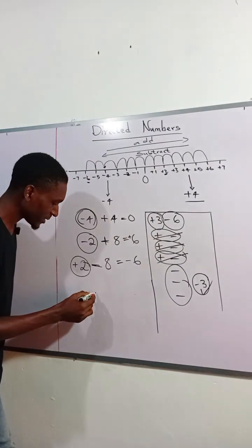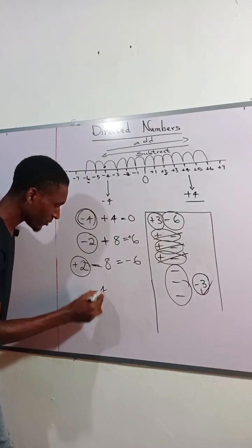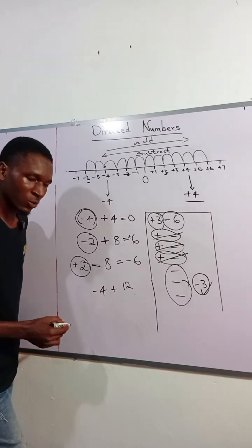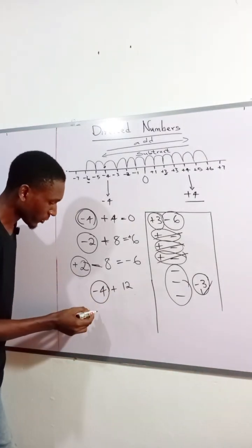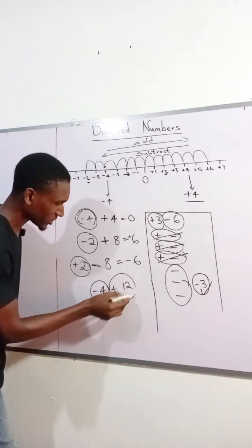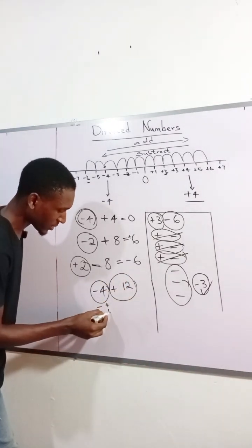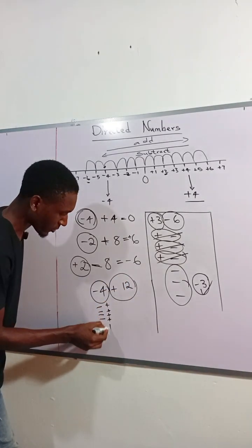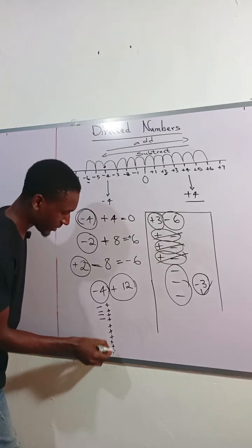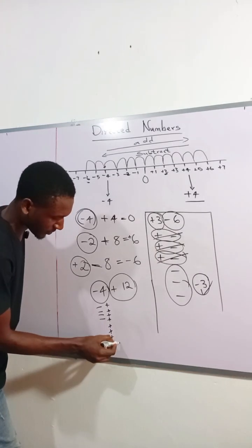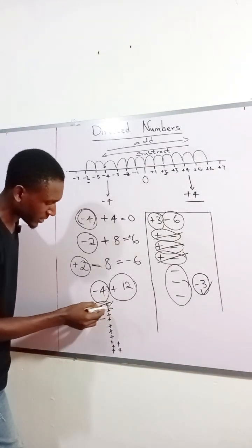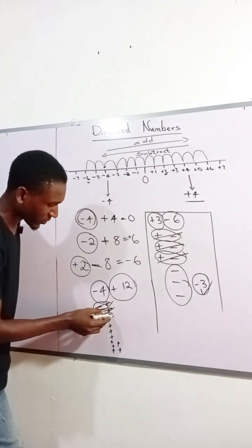So you can have, let me say, negative 4 and positive 12. What does it mean? You have negative 4, 1, 2, 3, 4, and you have positive 12: 1, 2, 3, 4, 5, 6, 7, 8, 9, 10, 11, 12. So negative takes positive continuously.